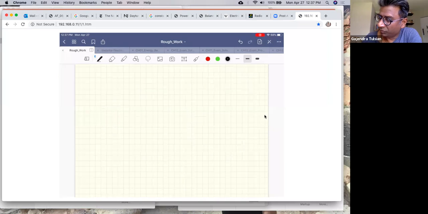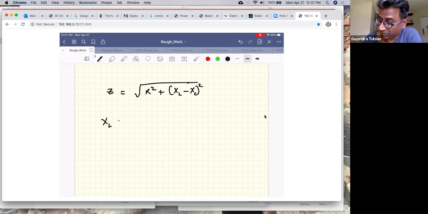And the impedance for that circuit is given by the square root of R square plus (XL minus XC) square. XL is the impedance of the inductance, or the resistance of the inductance, and that's equal to omega L. See, this is a frequency dependent thing. And XC is the impedance of the capacitor, and it's 1 over omega C.